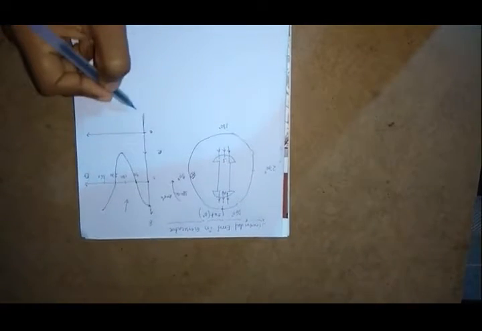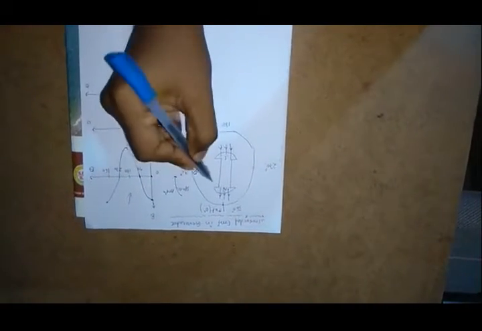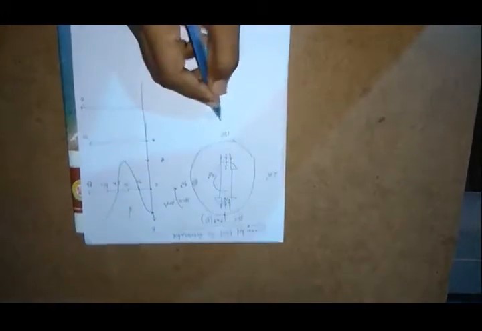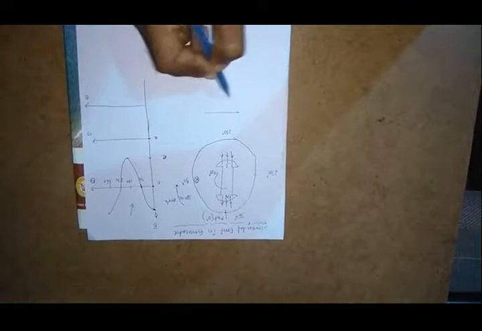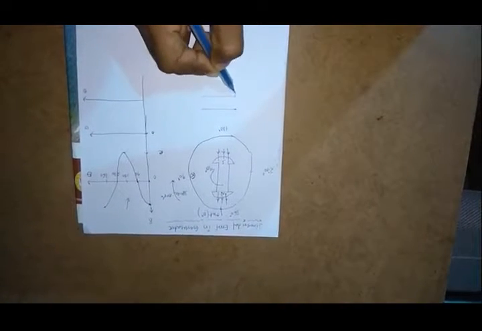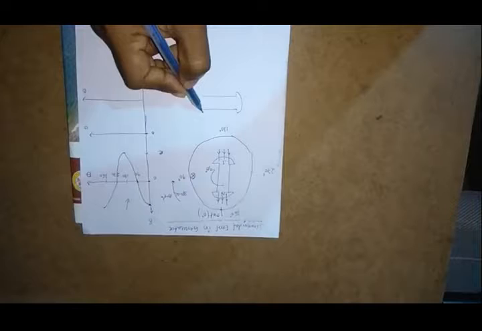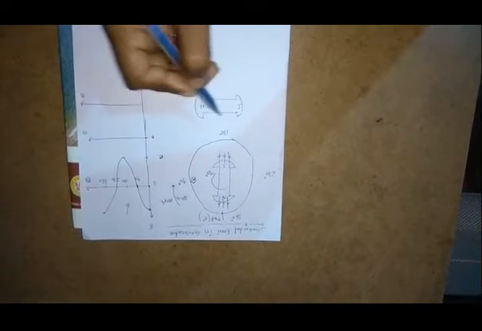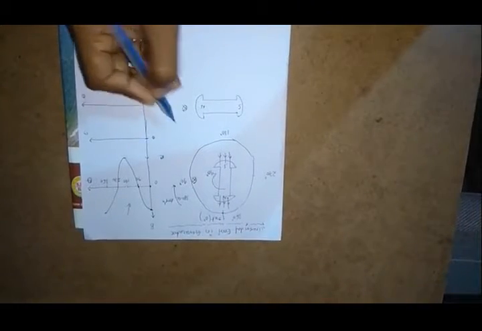Now let us consider that by some means this rotor is rotated by 90 degrees. Now the position of the rotor will be like this. This will be the north pole, this will be the south pole, and the position of the conductor is like this.